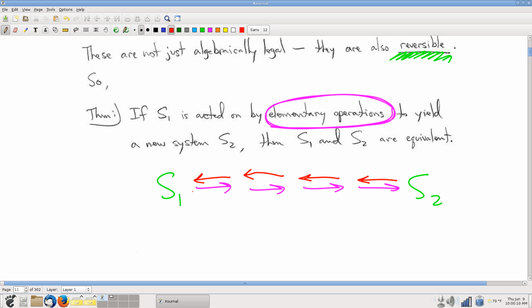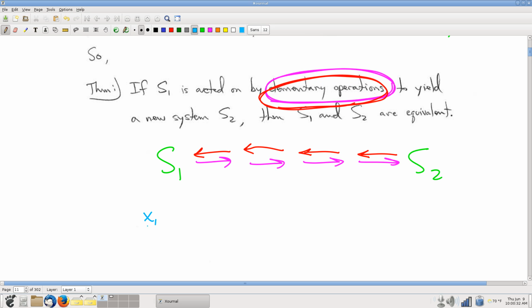All right, and now let's just think about the solutions. By the way, these are also elementary operations in red. So let's think about, for example, suppose we have some collection of solutions, x1, or well, let me write these down. A collection of numbers, I'm going to call them x1 through xn.